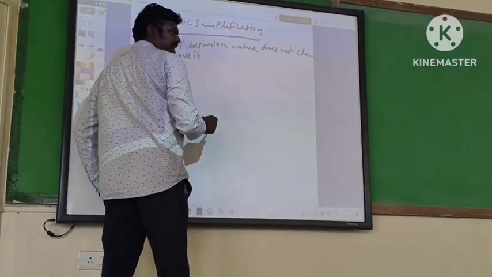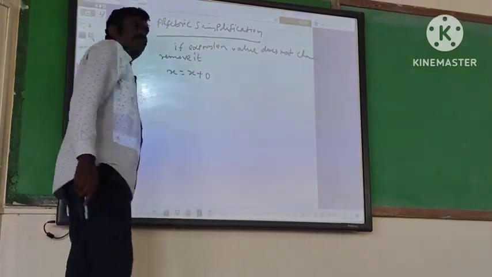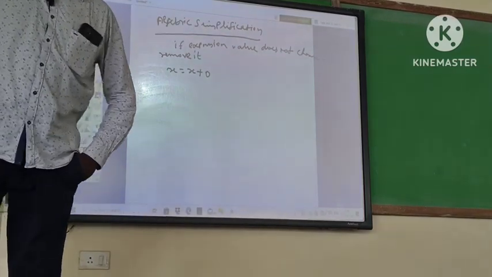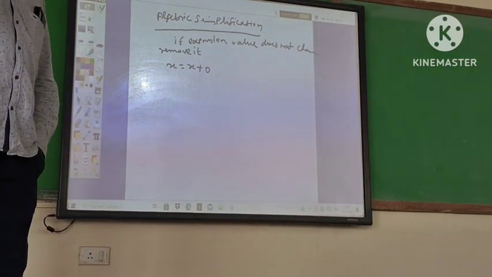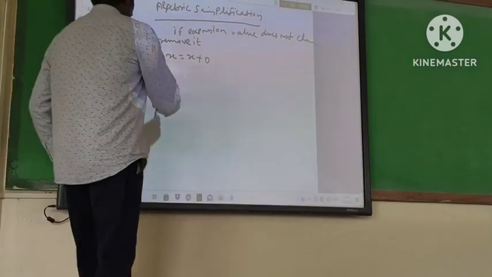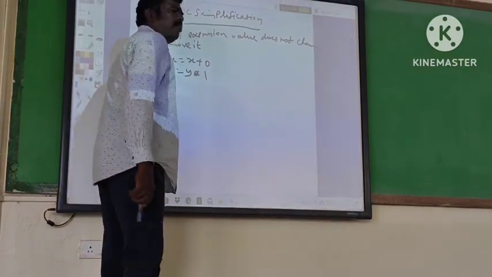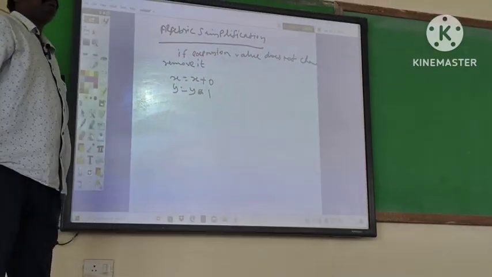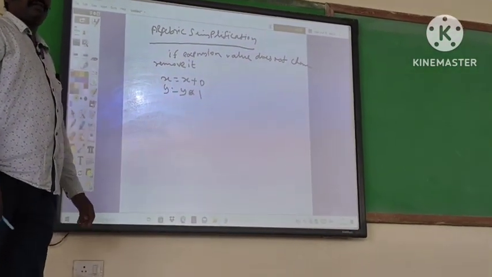Okay, now I'll give a classic example for this. x is equal to x plus 0. Any relevance in this statement? No. I try to add 0, x value remains as it is. Now y is equal to y multiplied by 1. You will get the same value of y. Are you able to understand?